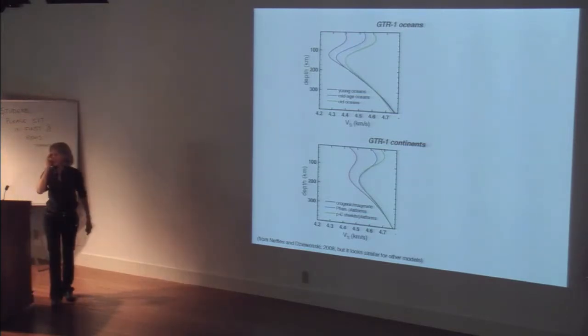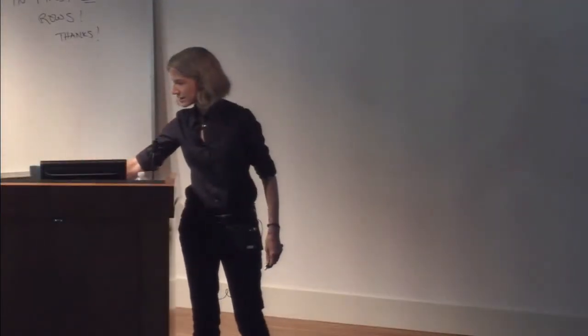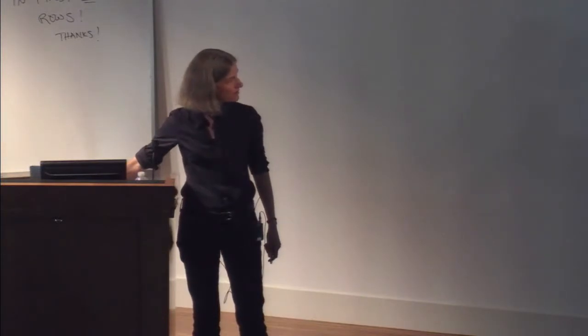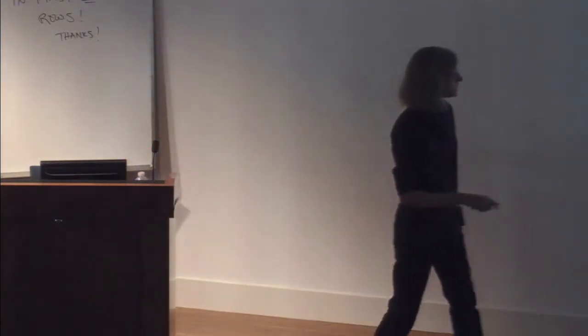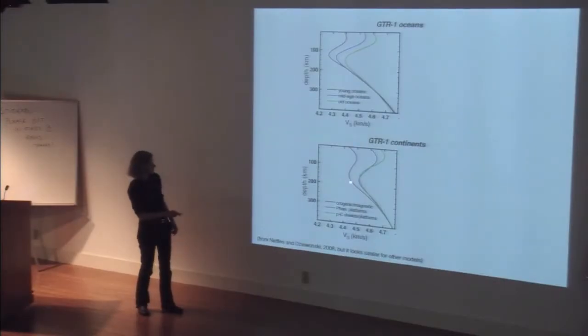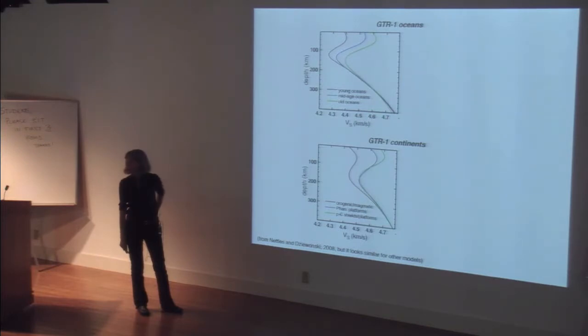Yeah. On your previous map, you suggested the differences between 250 and 300, but on that cross section, it looks like the low velocity zone under the cratons is about 150 kilometers. The low velocity zone under the continents is somewhere around 175, but this is a point that hopefully we can come back to later. These velocities are still much faster than the global average, all the way down here at 250 and close to 300 kilometers.